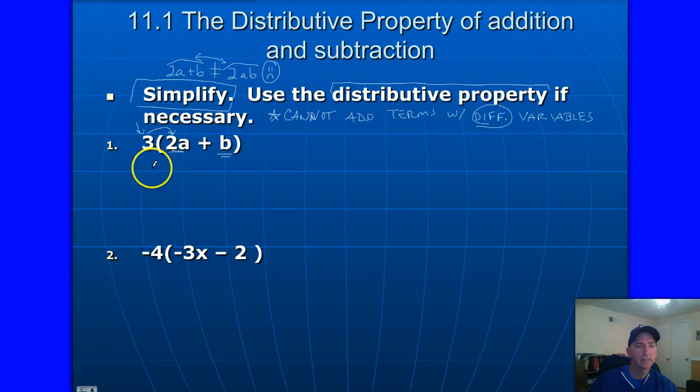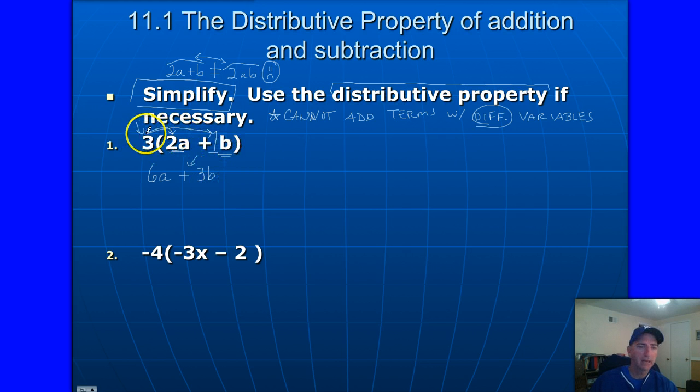And I can say 3 times 2a is 6a. That you can do. And I can say, bring this plus sign down if I use the distributive property. And I can say 3 times b. Now remember that b, it's kind of like 1b. 3 times 1 would be 3b.